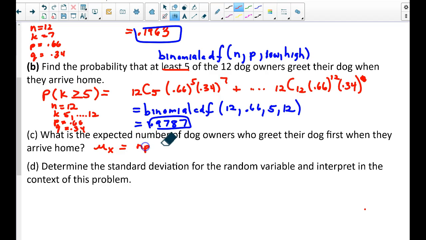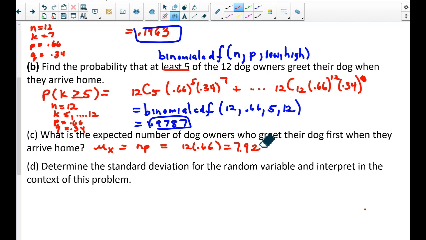And that's just N times P. So in this case, it's going to be 12 times 0.66, which turns out to be 7.92. And don't round up, just leave it as 7.92.